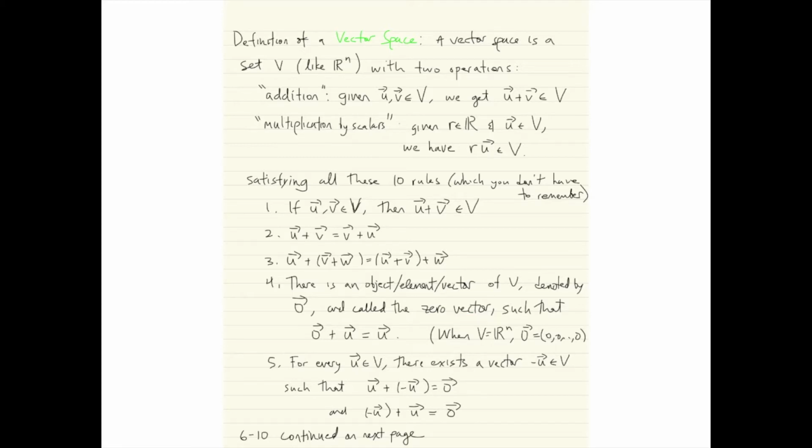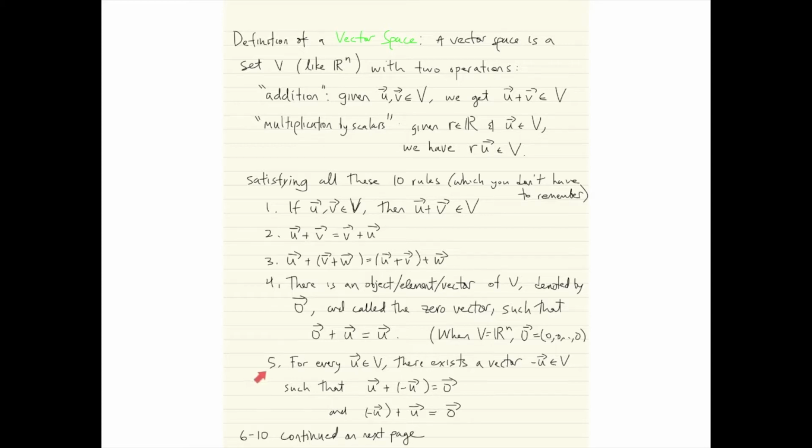It's such that when you take the 0 vector and add it to any other vector, you get the same vector back. Concretely, when V is the vector space Rn together with the usual addition and scalar multiplication, this vector 0 is the vector whose components are all 0.